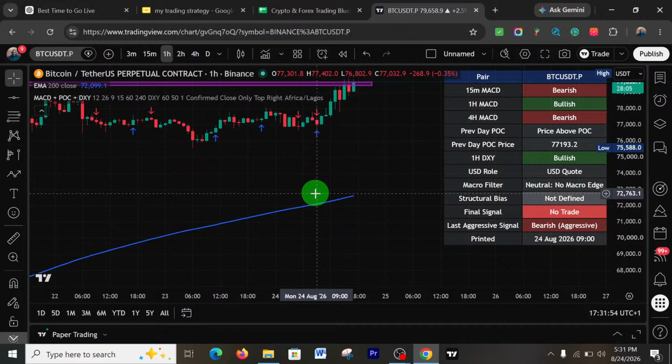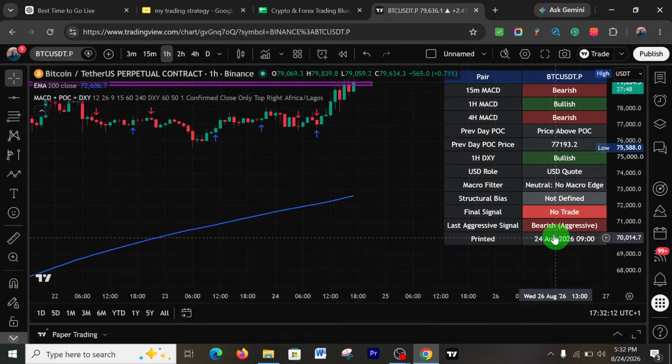Most times it may not work because it's counter trend trading, but sometimes it will work and produce a little profit. So you just have to keep that in mind. Just like I've said, the trend always wins. The dominant trend always wins. So you just have to keep that in mind.